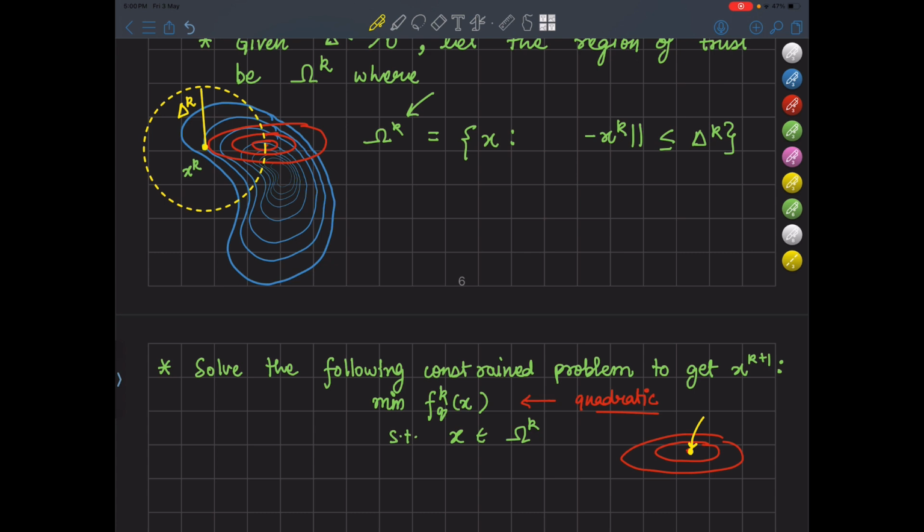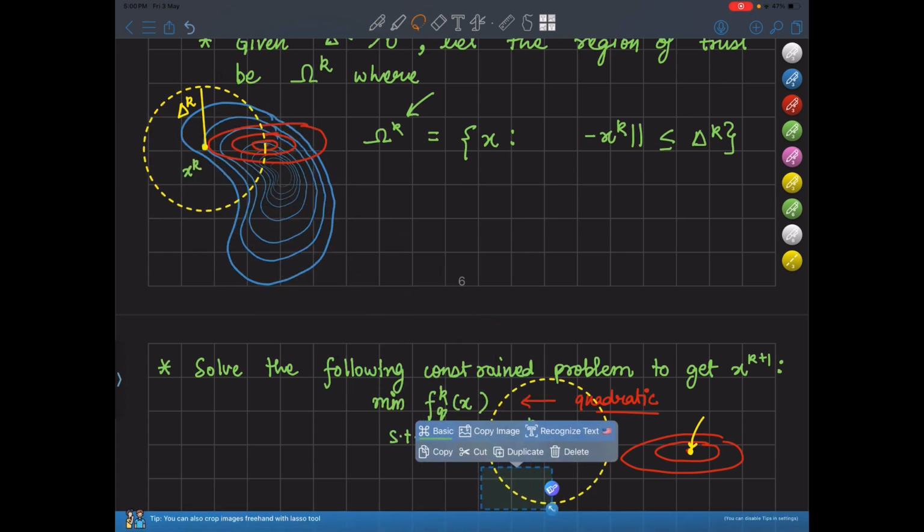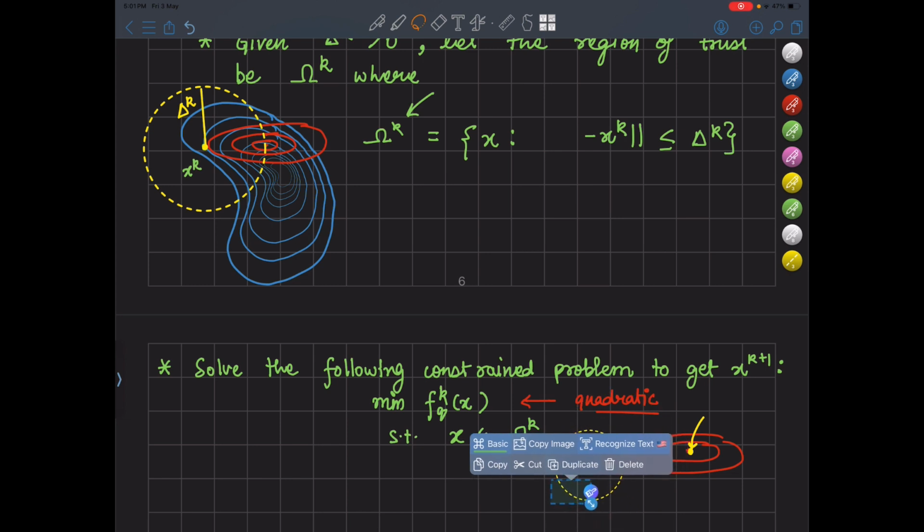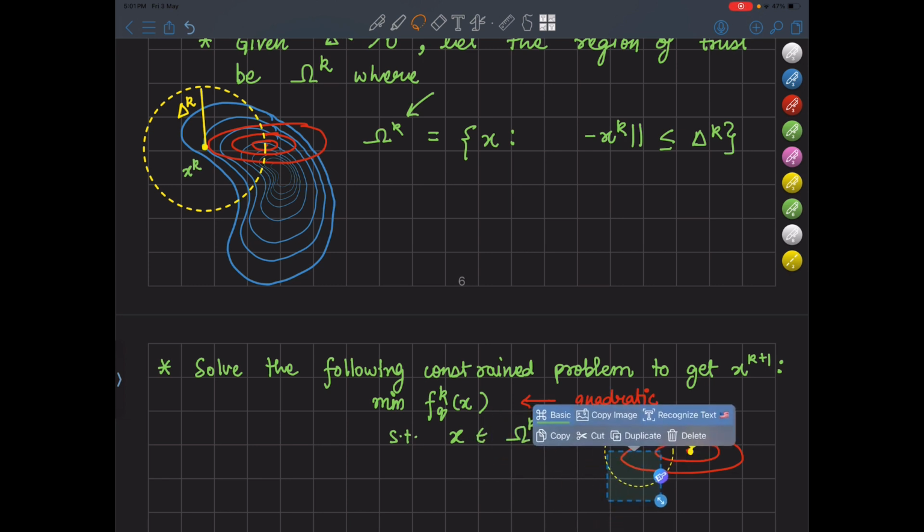Now if this point is outside the trust region, then we draw a line from xk to this minimal point and see where it cuts this circle, which is an easy point to solve.